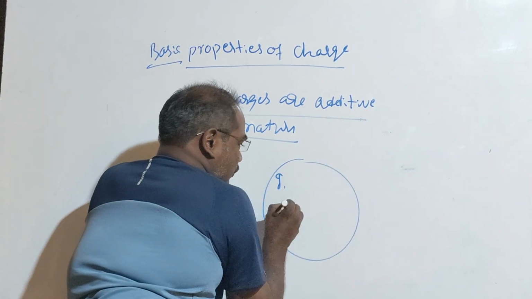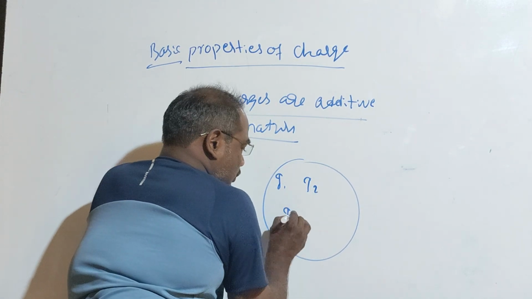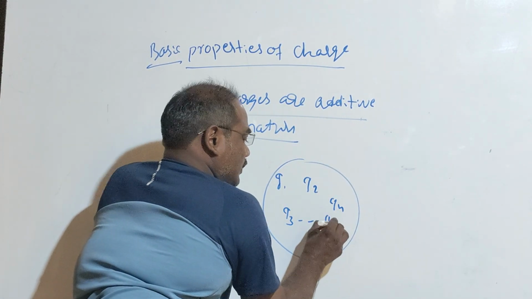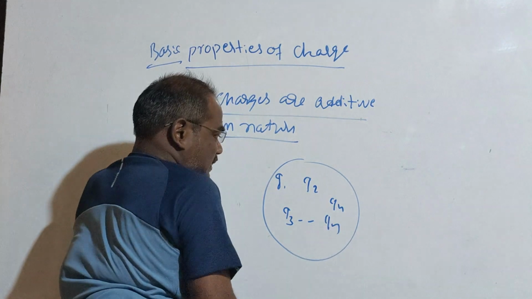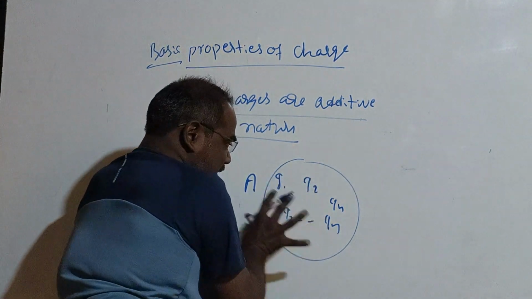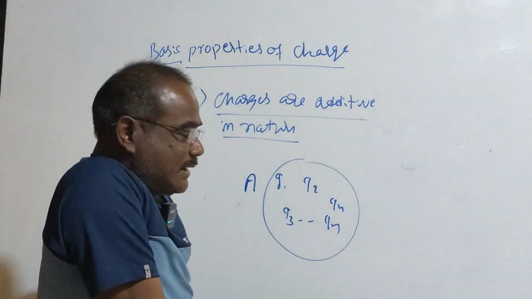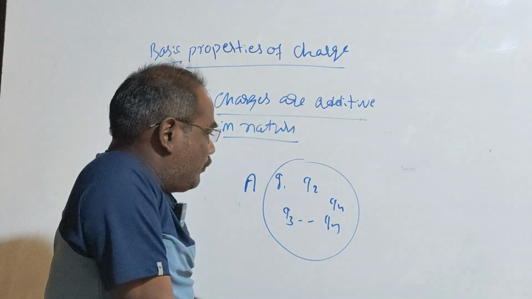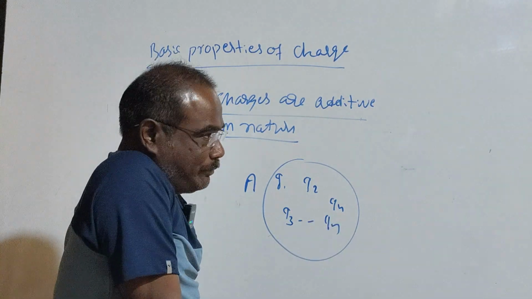The system has charges Q1, Q2, Q3, Q4, up to Qn.